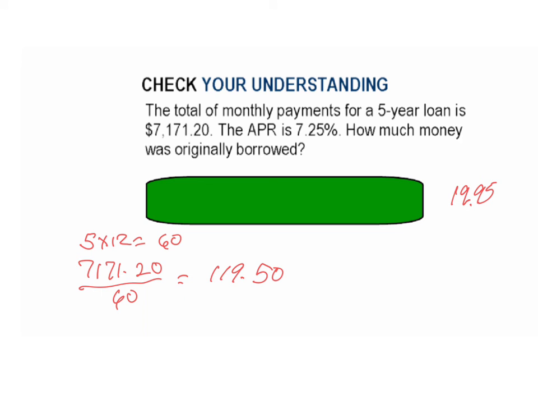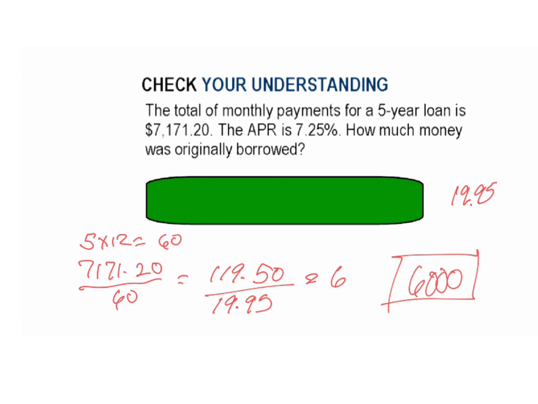So we divide $119.50 by $19.95, and we get 6, which means the original loan was for $6,000. Get that down in your notes, and then be ready to proceed to the next slide.